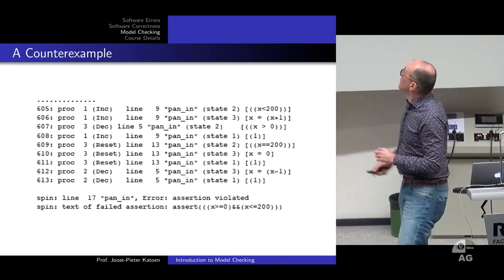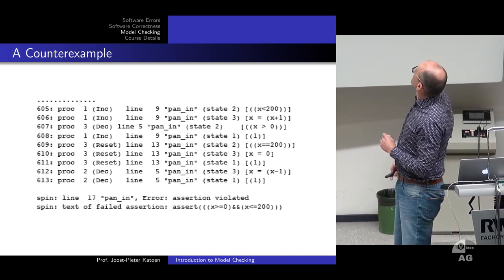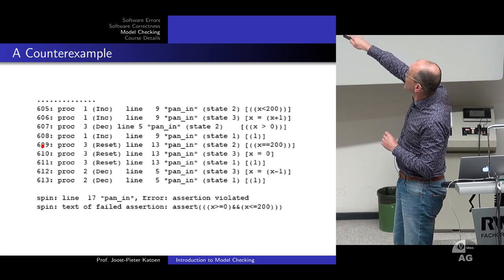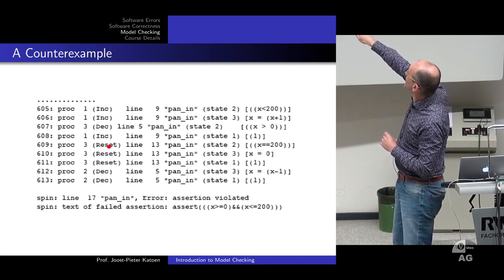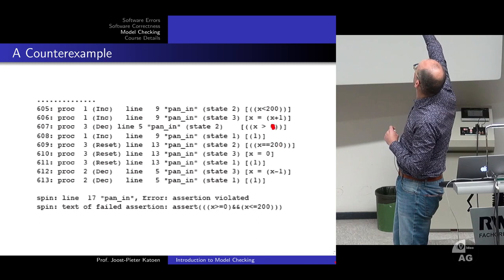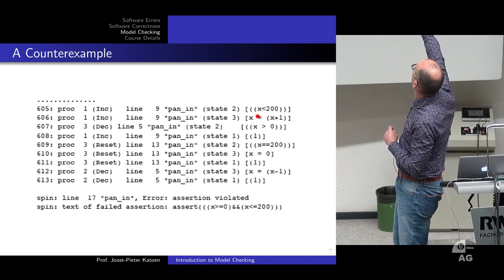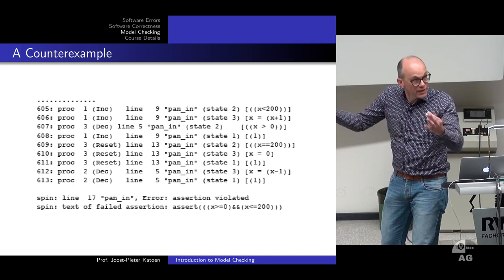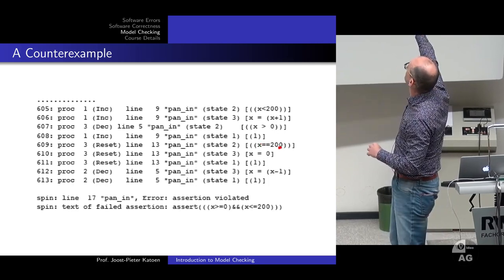The crucial point is the following. You see here exactly the scenario that was sketched in line 609. The process reset was scheduled, and it checks that x equals 200, which seems to be true. You can see that this is true because x was less than 200, x is incremented by 1, and apparently this was the last increment that made x equal to 200.